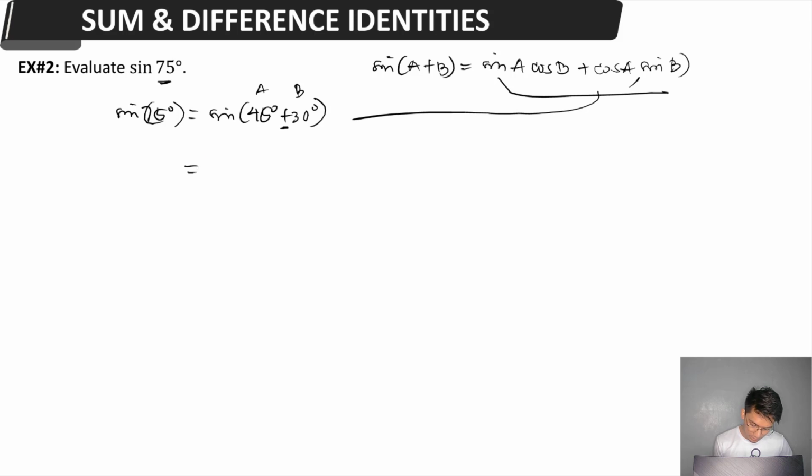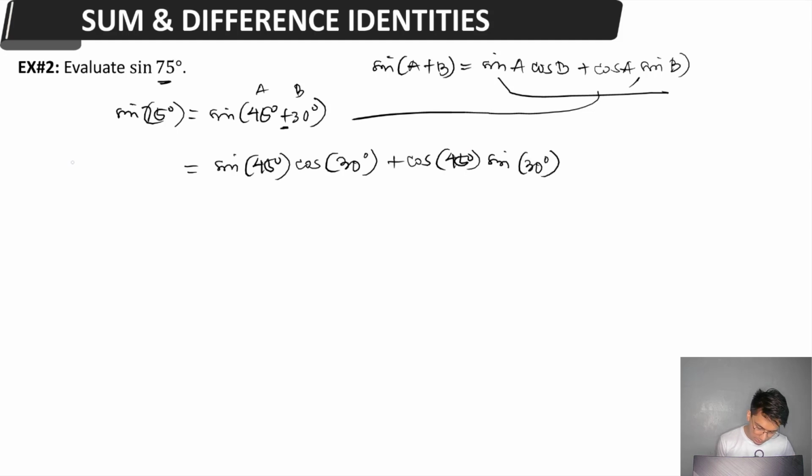And this is now equal to sine 45 degrees cosine 30 degrees plus cosine 45 degrees times sine 30 degrees. And this is sine 45 degrees plus 30 degrees.